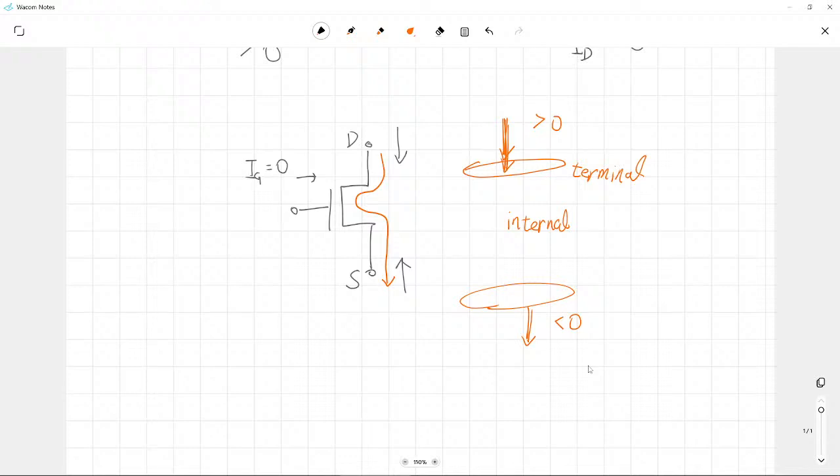So ID, drain current, is said to be a positive value. And here we have a source, and in the case of a source, exactly the same amount of current is escaping from this MOSFET, so we will have a negative sign for it. Okay? So are you with me? Okay.